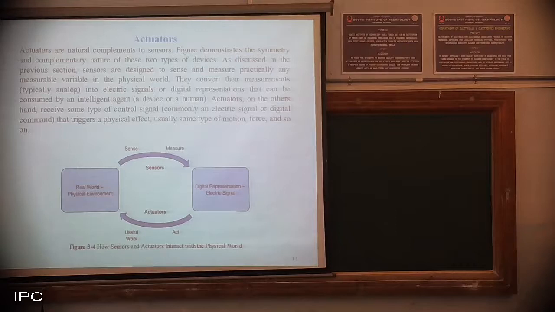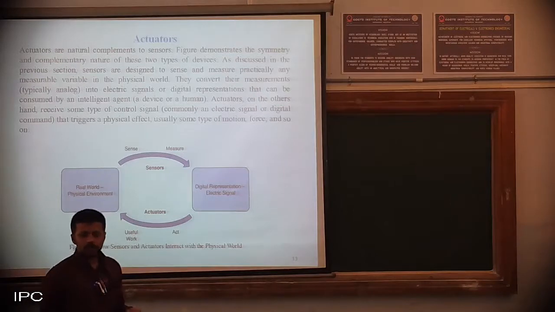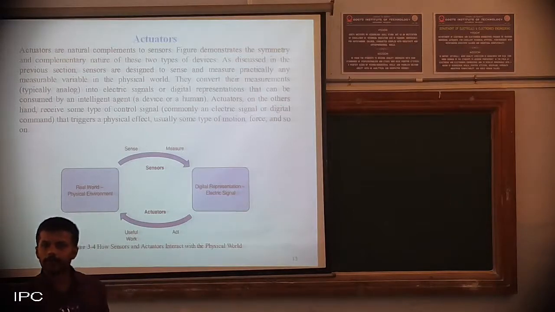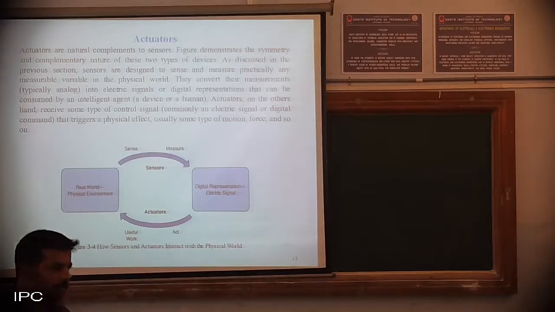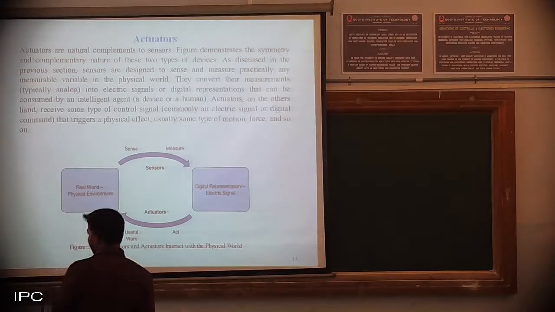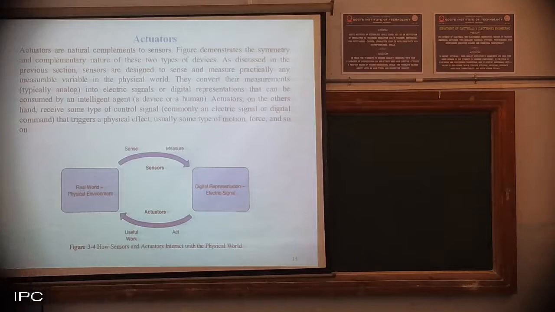If it is a motor, whether the motor should be on or off, in which direction, what speed, what voltage and what current should be applied. All that information should come from the microcontroller. That we call the actuators, as already discussed in the introduction.